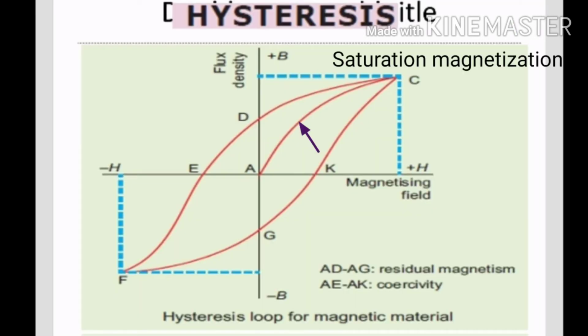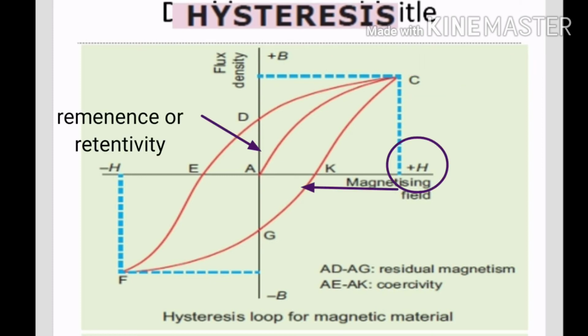The magnetic induction B vector increases from point A and attains a saturated level at C. This is shown by the path AC. The maximum point up to which the material can be magnetized by applying the magnetizing field is called saturation magnetization.